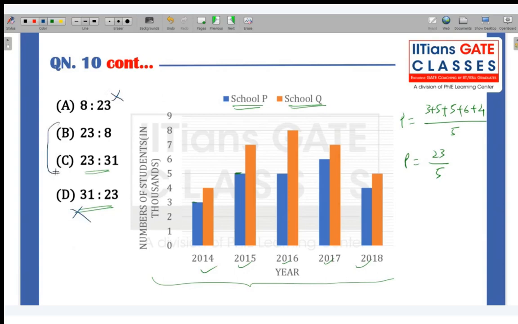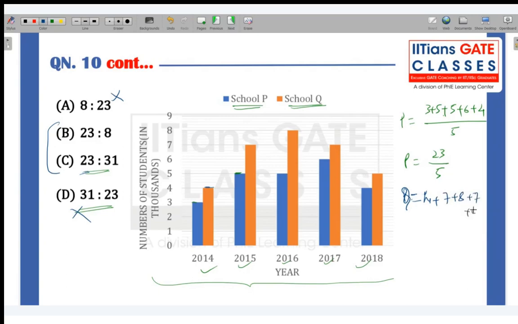Many people go for option C. Why? Because if you calculate the average of Q, you see 4 in 2014, plus 7, then 8, then 7 again, and then 5.